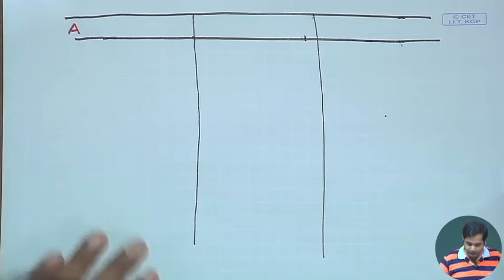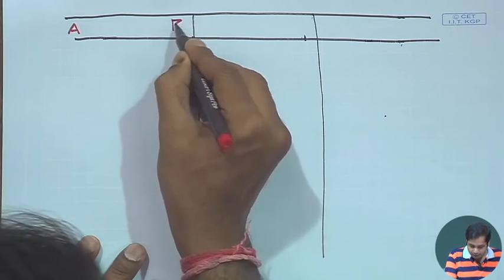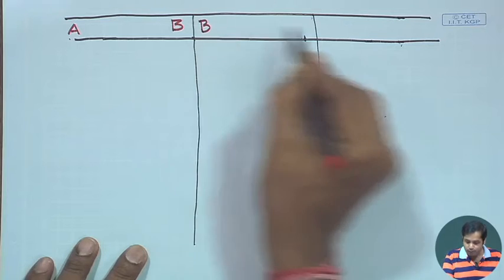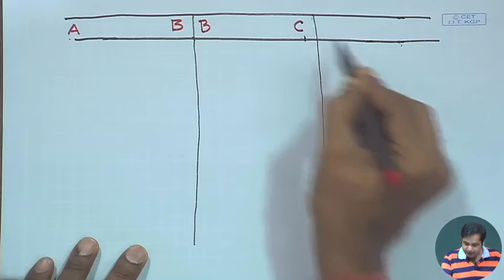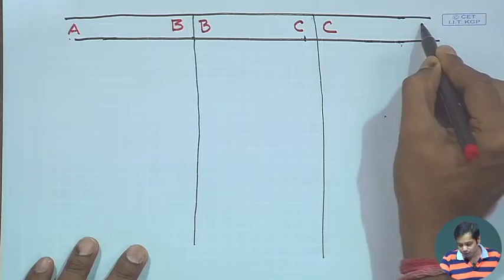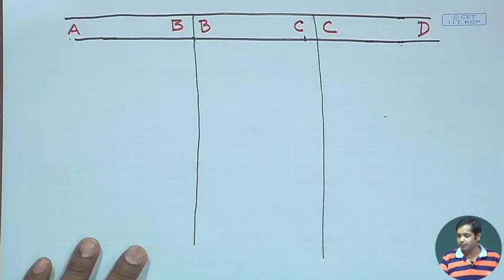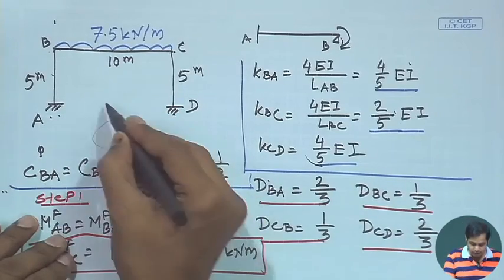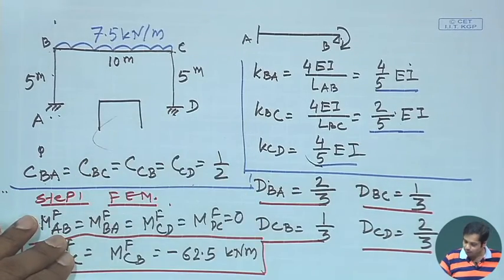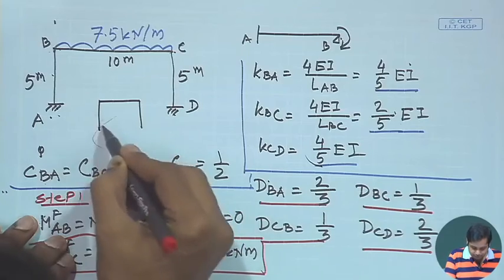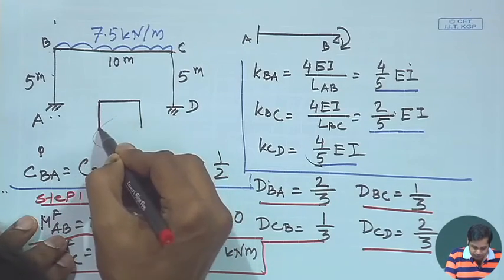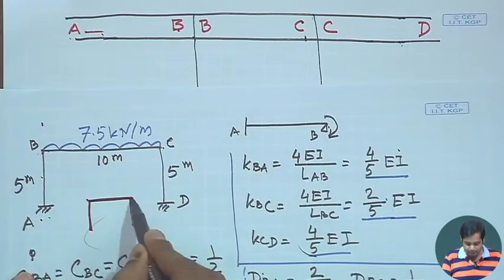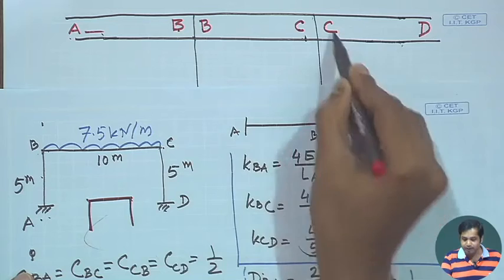This is for joint A, this is joint B when B belongs to BA, and this is again joint B when B belongs to BC, and then it is C when it belongs to CD, and this is D. Okay. So, essentially this was our structure, the portal frame, and we took it like this. This member is this member, and this member is this member.